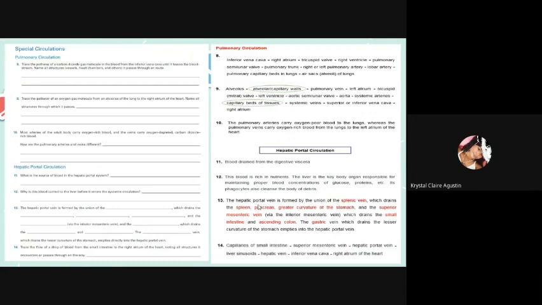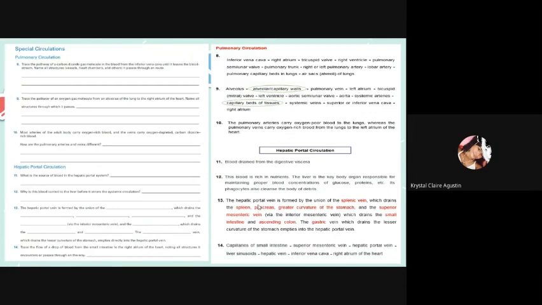So for the special circulations, part one is the pulmonary circulation. It traces the pathway of a carbon dioxide gas molecule in the blood from the inferior vena cava until it leaves the bloodstream. The inferior vena cava is a large blood vessel responsible for transporting the deoxygenated blood.